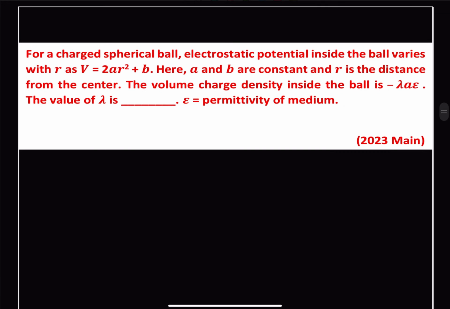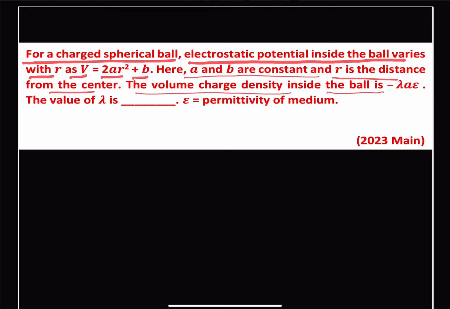We are given that for a spherical ball, the electrostatic potential inside the ball varies with r as V is equal to 2A r square plus B. Here A and B are constants and r is the distance from the center. The volume charge density inside the ball is minus lambda A times epsilon. The value of lambda is, where epsilon is the permittivity of the medium.